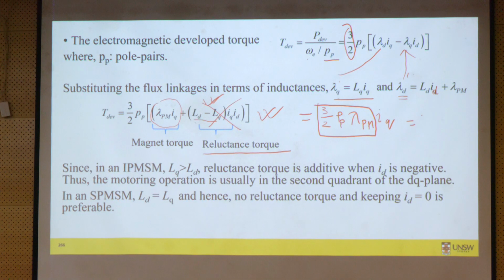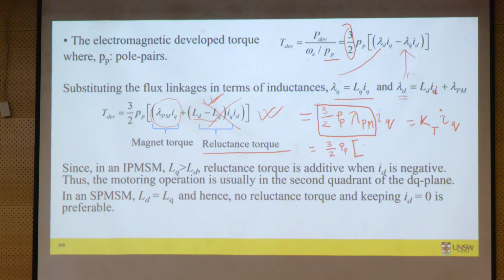So we can even think of it like a KT IQ, like DC motor, right? And by changing IQ, we can change torque. That means, right? And if we consider it as an IPMSM, even then it could be thought of the same way, 3/2 pole pairs.